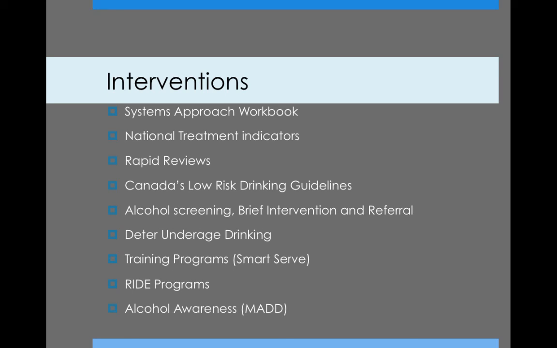Canada's Low Risk Drinking Guideline is information in the form of a brochure that can be widely found across Canada, especially in buildings that are associated with health. It basically outlines how many drinks you should have in a day to prevent overindulging.